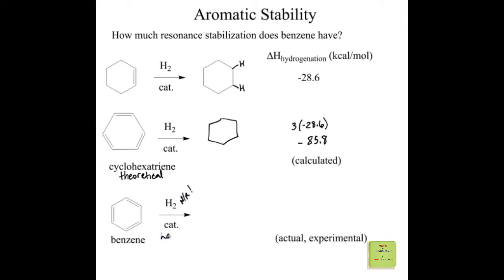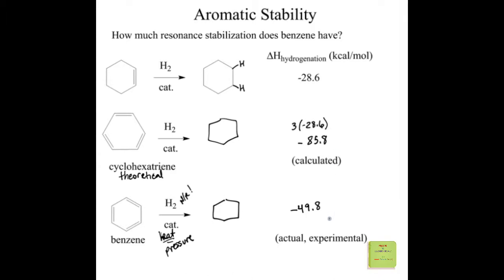But if you add some heat and you add pressure, if you really pound on it, you can in fact hydrogenate benzene to give cyclohexane as a product. And when we measure the heat of hydrogenation in this reaction, we get only 49.8 kcals per mole. So we're not getting as much energy out as we expected. This is what indicates just how stable benzene is.